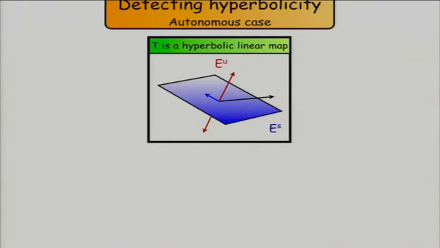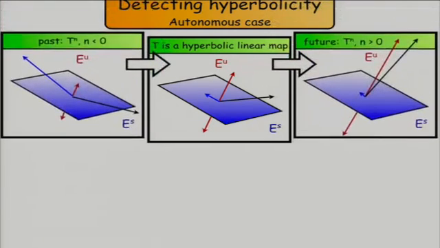How do you prove that something is hyperbolic? So let's go back to linear algebra, chapter 0. So pick a hyperbolic linear map that's invertible. You have the stable direction, that's the blue thing, and the unstable direction, that's the red thing. So what you know is the following.